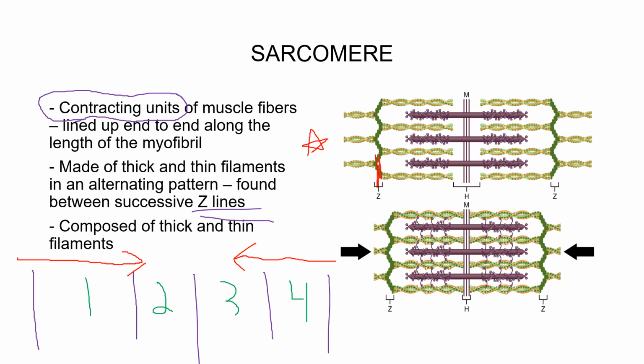So here's a Z disc. And then here's a Z disc. And this is during relaxation. And what the picture on the bottom is showing you is contraction. And you can see the Z discs are actually getting pulled closer together. And you can see how there's some overlap, or basically the picture is just closer together. The sarcomere is smaller. And that's what happens when contraction occurs.